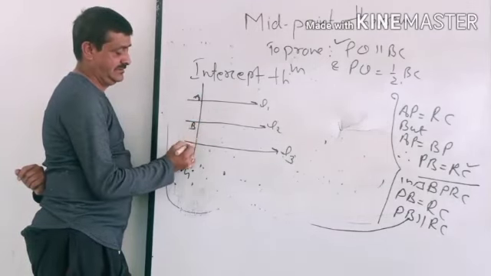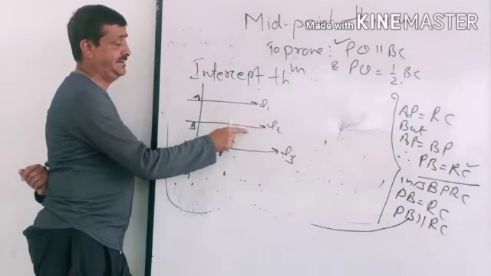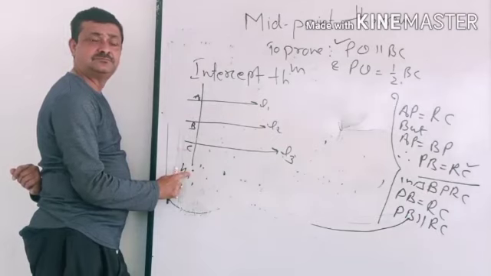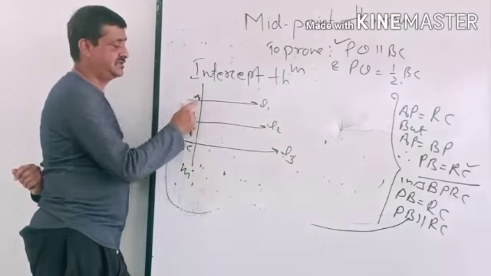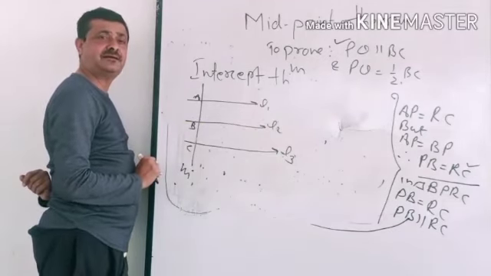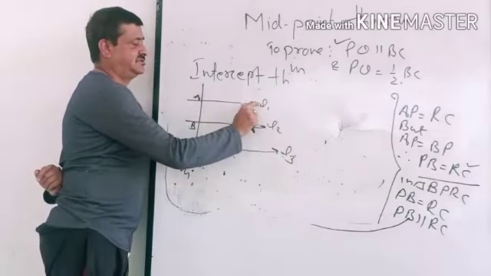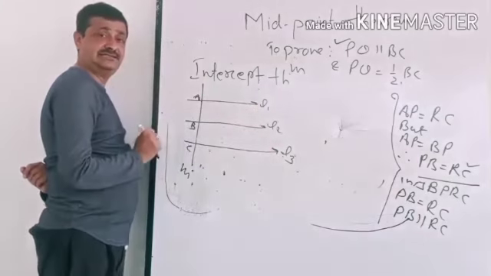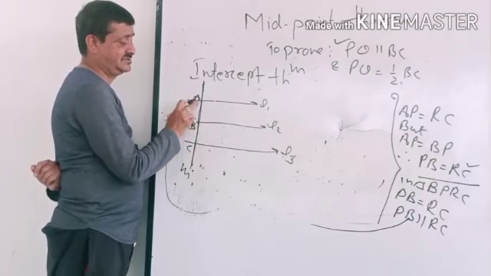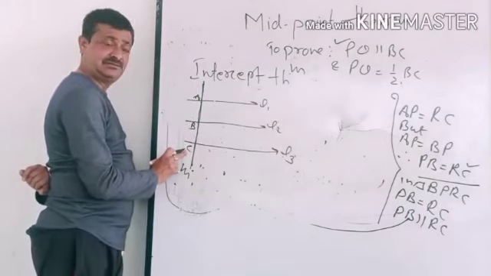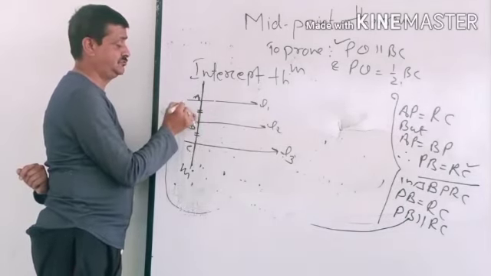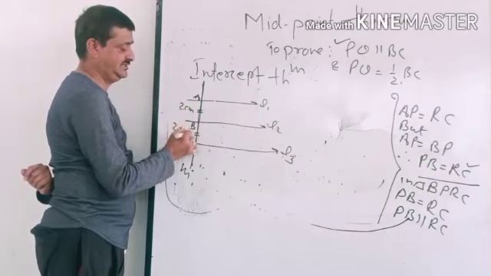AB and BC are the intercepts made by the lines L1, L2, L3 on transversal M. A transversal is a line that cuts the lines. Clear? So if you are given 3 or more parallel lines and a transversal makes 2 intercepts on it and they are equal, suppose this is 2 centimeter and this is 2 centimeter.